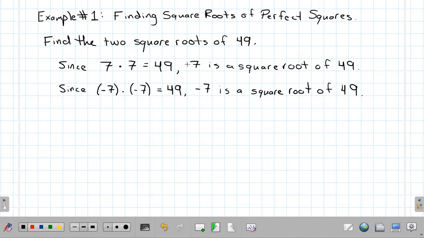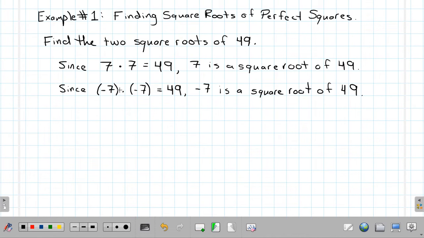It has a positive square root because a positive times a positive is a positive. So positive 7 times positive 7 is positive 49, which means positive 7 is a square root of 49. But we also have negative times a negative is equal to a positive.